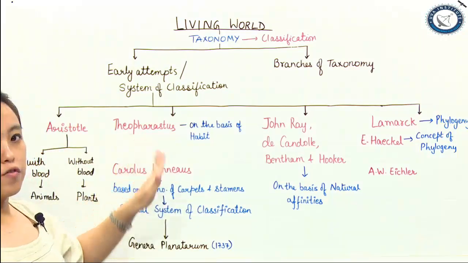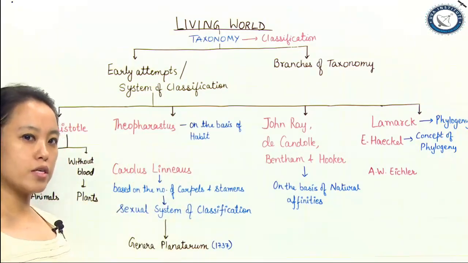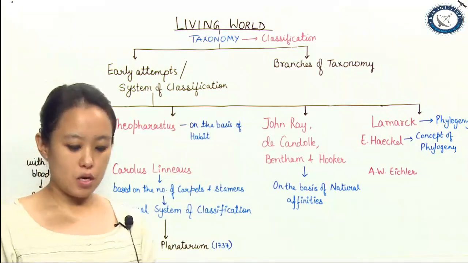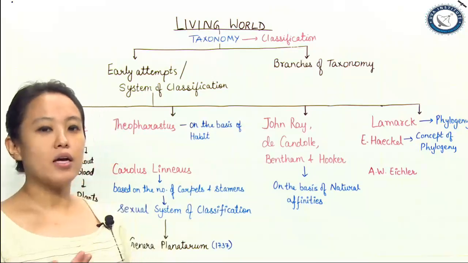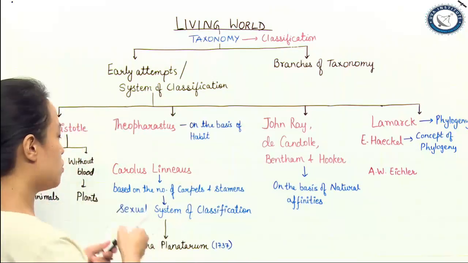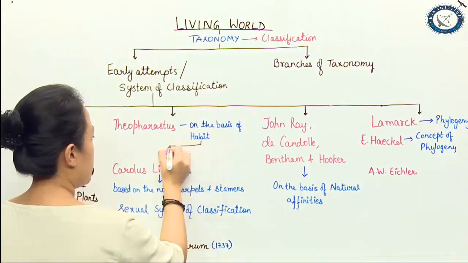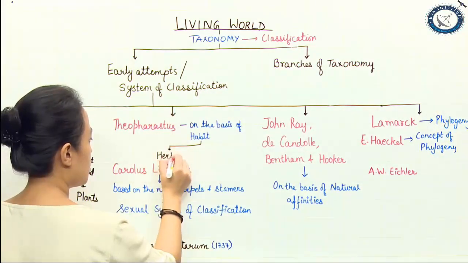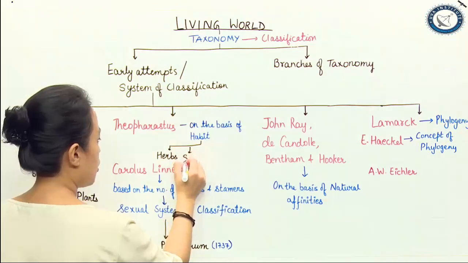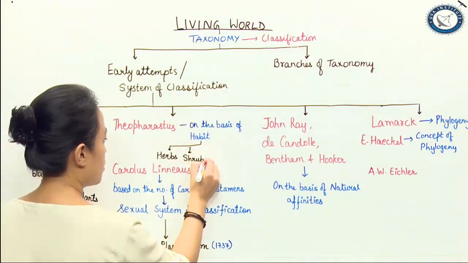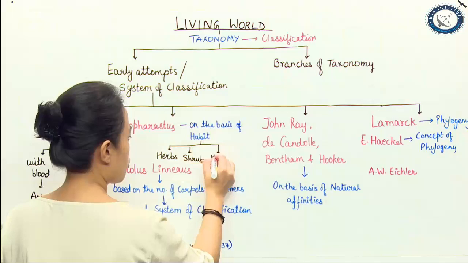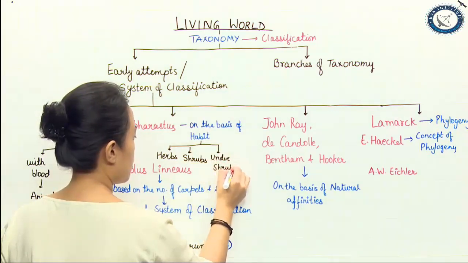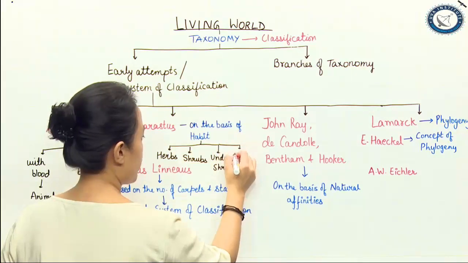Now it was Theophrastus who later on said that on the basis of habit, he identified organisms, specifically plants, into herbs, shrubs, undershrubs, and then trees.